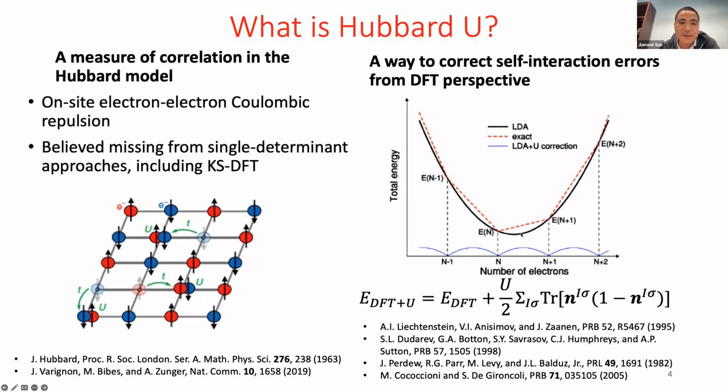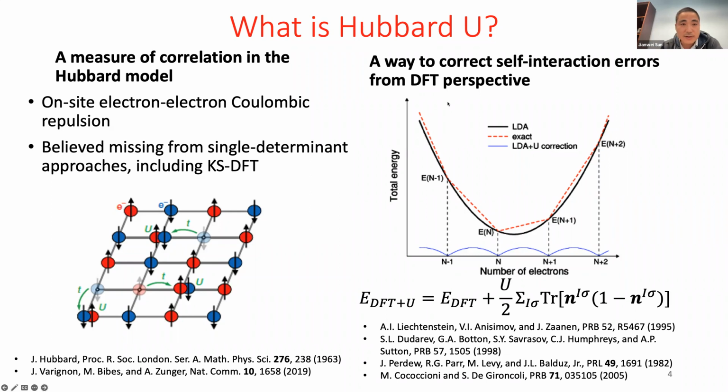Therefore you push this black curve toward the red, exact one, correcting the total energy. In this way we view the Hubbard U as a way to correct self-interaction errors.